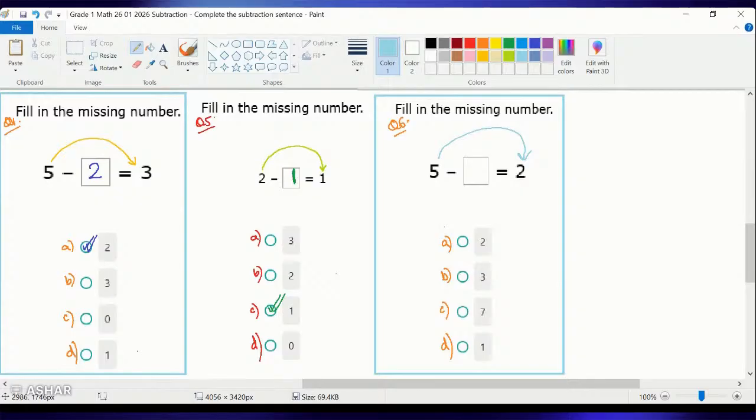If we have 5, we take away 2. 5 minus 2 would be, can I have the answer? What is 5 minus 2?